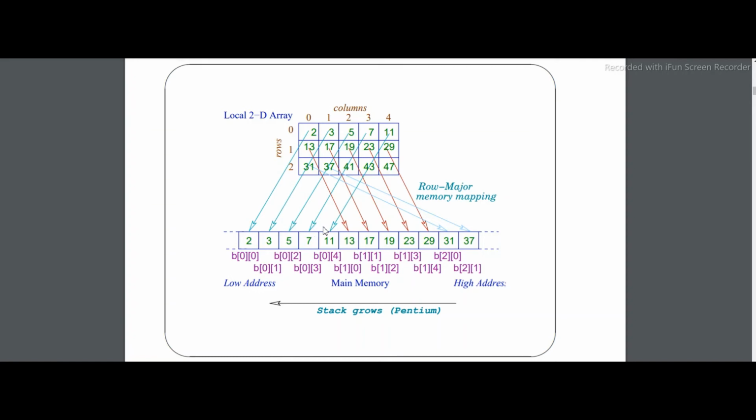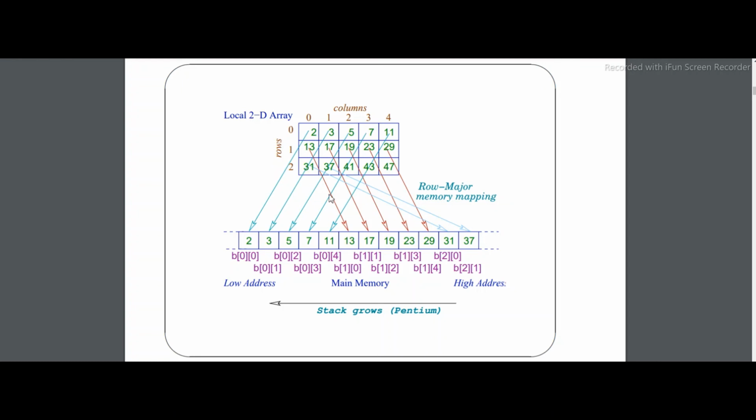When the first row is finished, then the second row starts getting mapped into memory. For example, here 13 is the first element of the second row, and it gets mapped after the first row is finished.